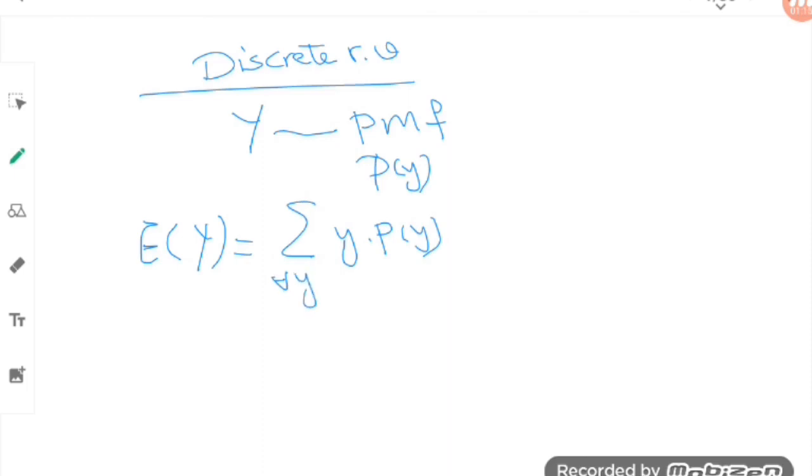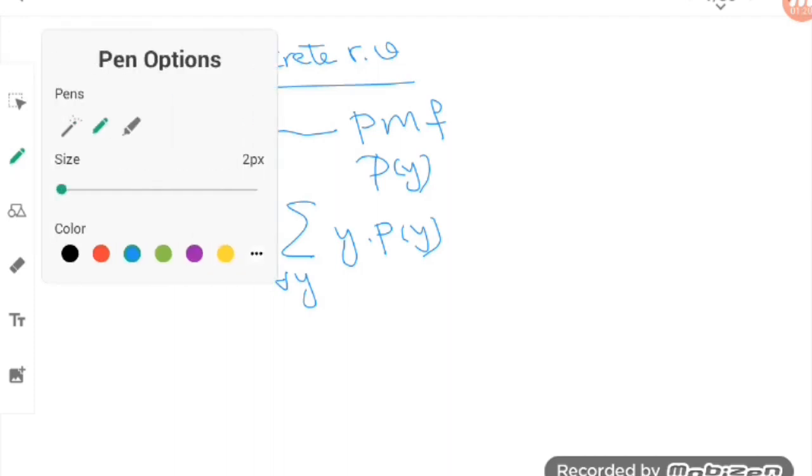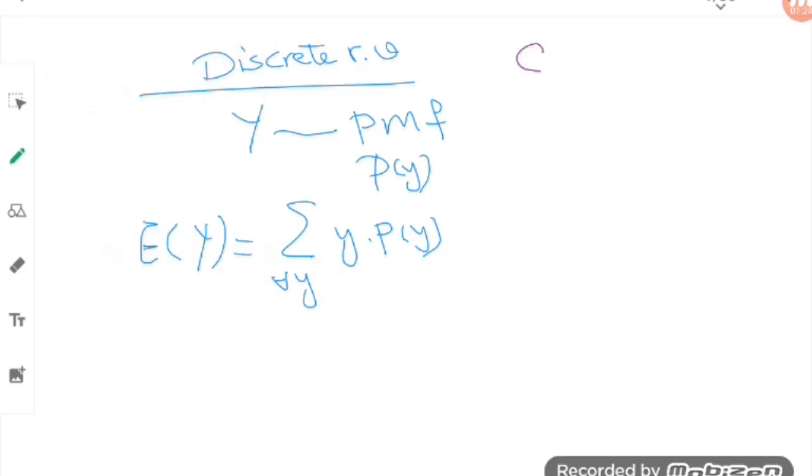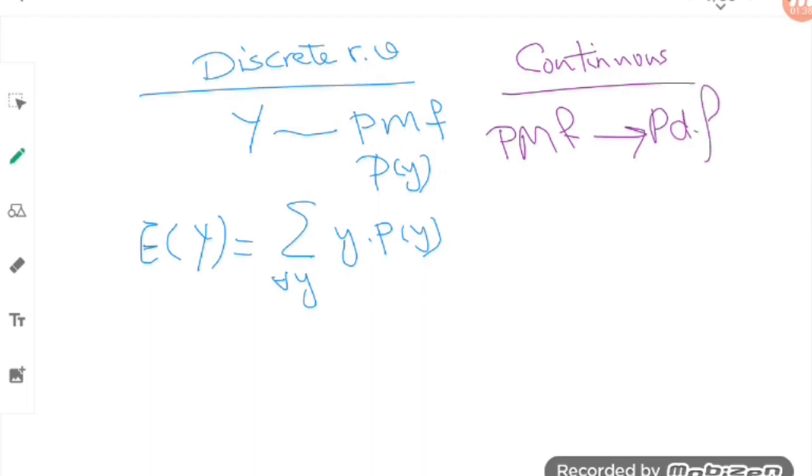Now what do we do in the case of the continuous random variable? All we are doing now is replacing the probability mass function with the probability density function. So instead of using the probability mass function p of y, we are using f of y. And instead of using the summation, we'll use the integral.